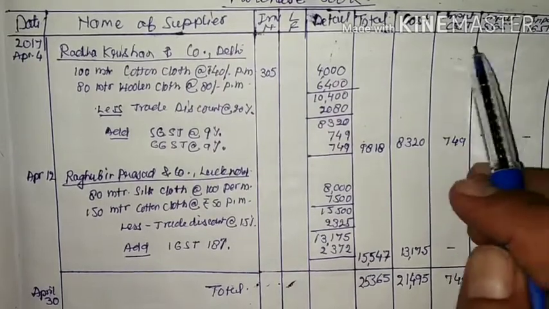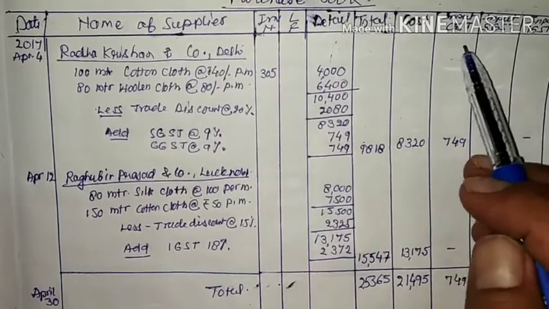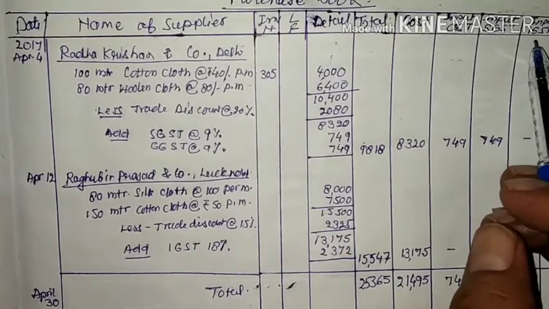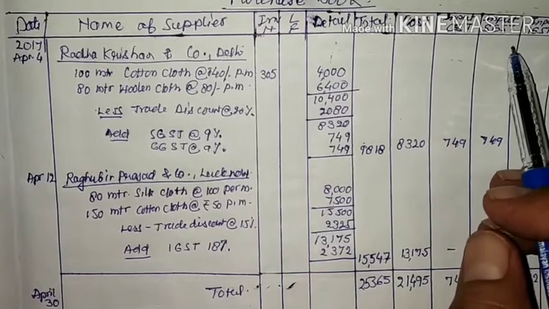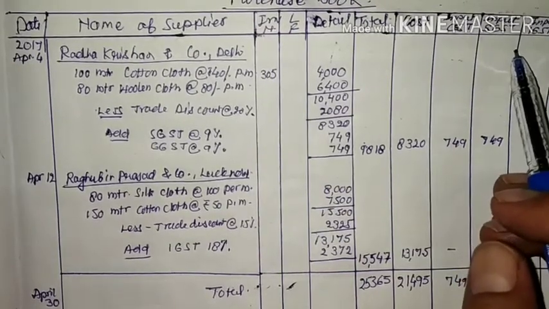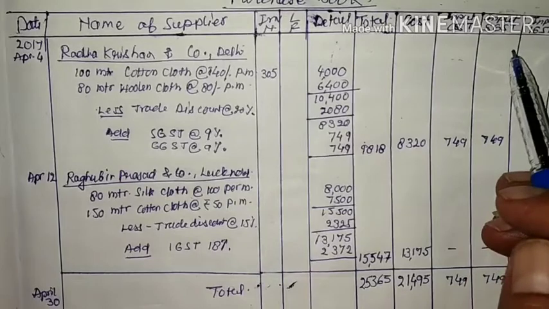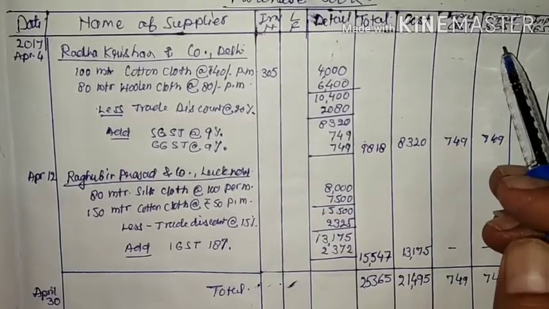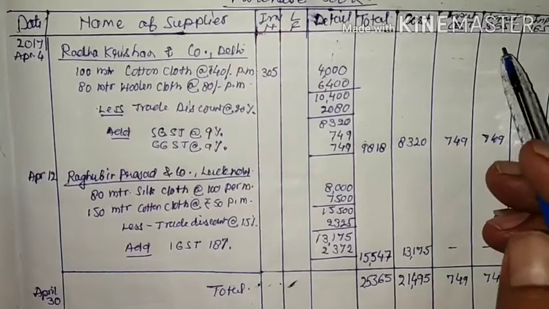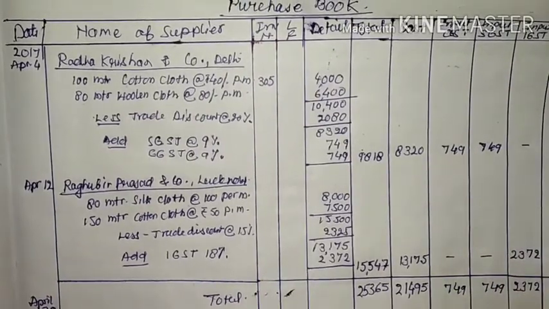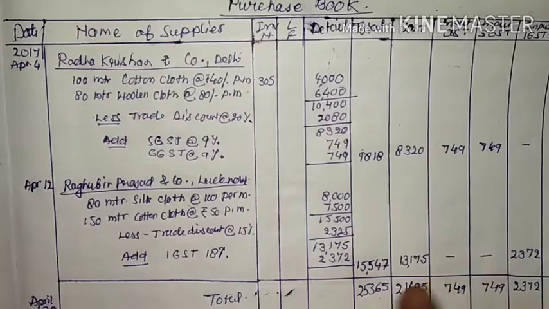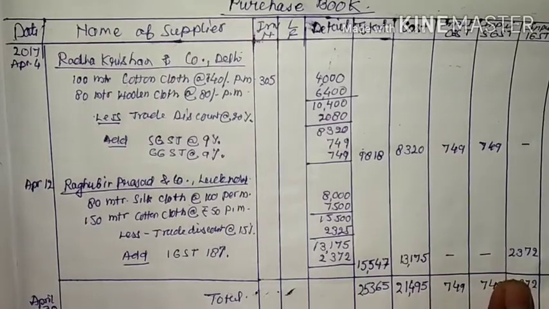These columns are shown separately because whatever CGST, SGST or IGST we pay while buying will be adjusted against the sales we make, that the businessman will receive. So the businessman has to keep a separate account for that. So separate columns are maintained here.